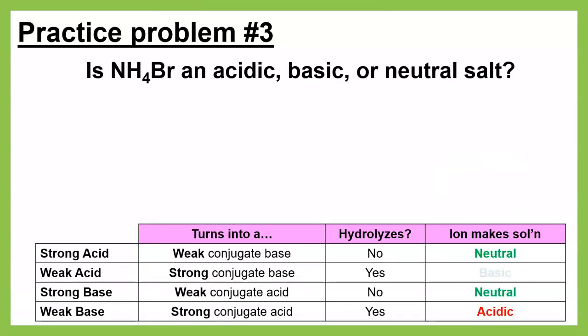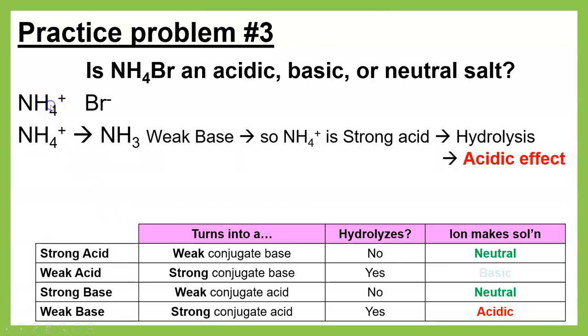All right, try this one. Pause and give yourself time to figure it out. All right. We have our ammonium ion, we have a bromide ion, and we need to think about where they came from. This, if it lost one of these hydrogens, you would see it came from ammonia, which is a weak base. So this will be acidic, it will hydrolyze, and result in an acidic contribution.